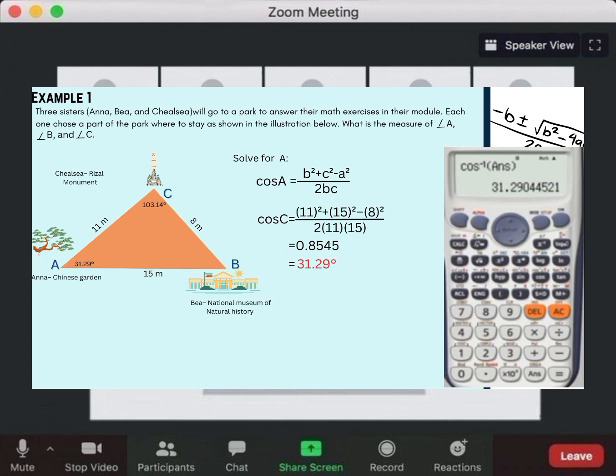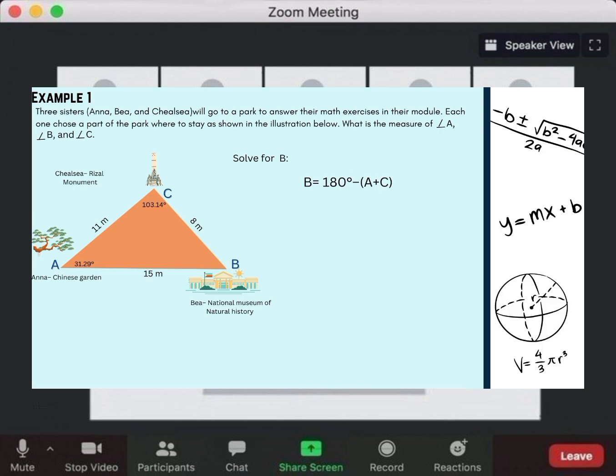To get the measure of angle B, we can subtract from 180 degrees. So B equals 180 degrees minus the sum of angle A plus angle C. That is 180 degrees minus 31.29 degrees plus 103.14 degrees, which is 180 minus 134.43 degrees, and B equals 45.57 degrees.